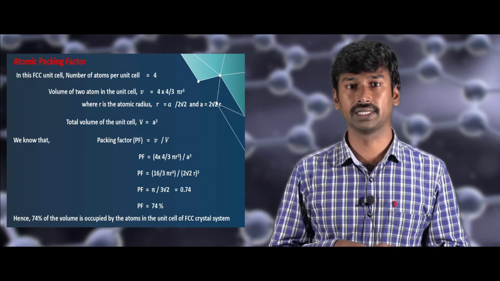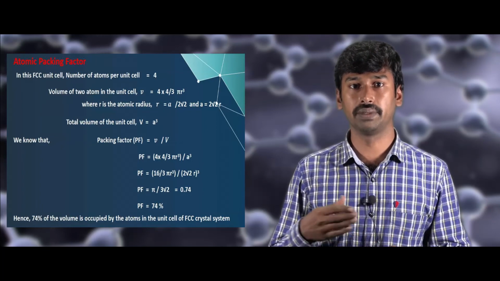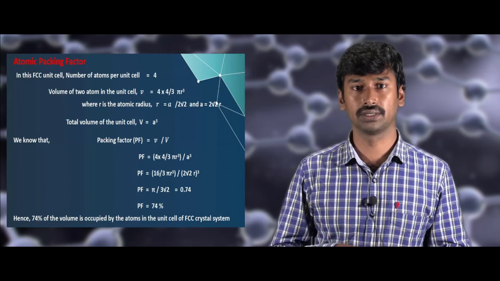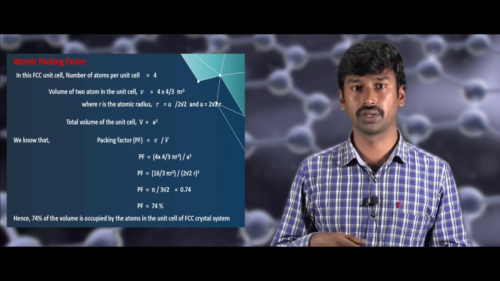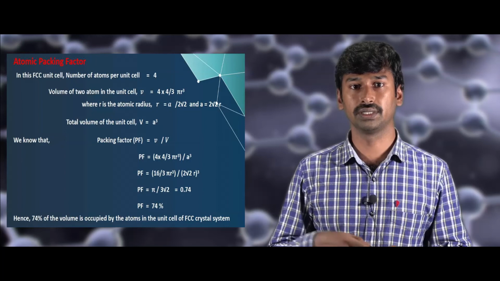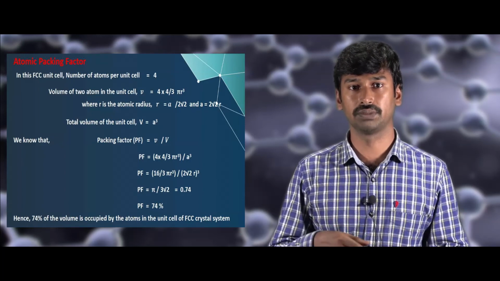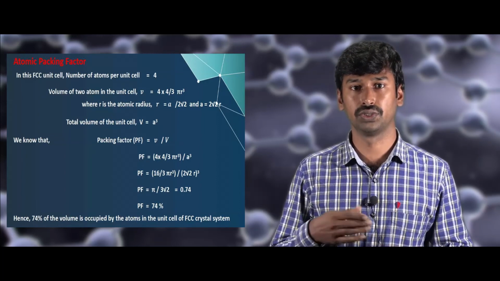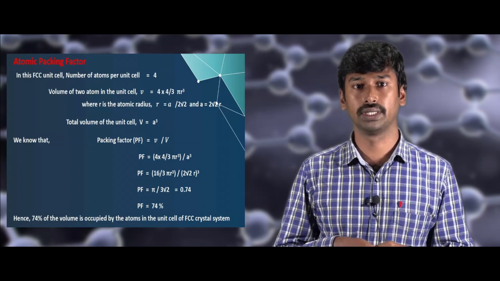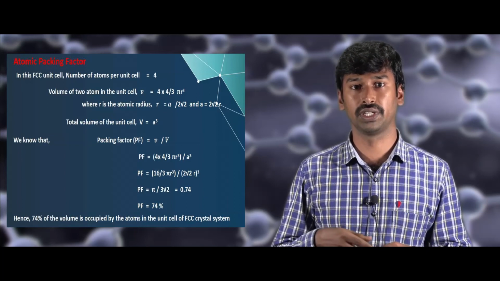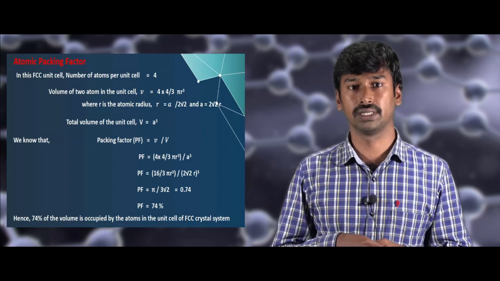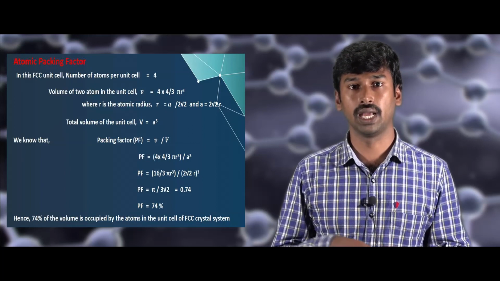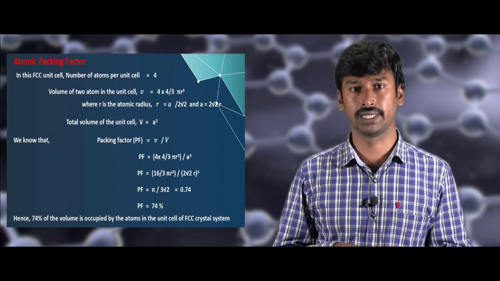Then the packing factor is given by total volume occupied by the atoms in the unit cell divided by total volume of the unit cell, that is 4 into 4 by 3 pi r cube divided by a cube. By simplification, we have the final value, that is packing factor is equal to pi by 3 root 2. Then this value is 0.7402. Then the percentage of packing factor is 74%. Here in this FCC system, 74% of the unit cell is occupied by the atoms and the remaining 26% is vacant in the unit cell.